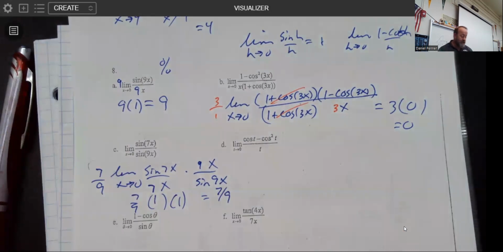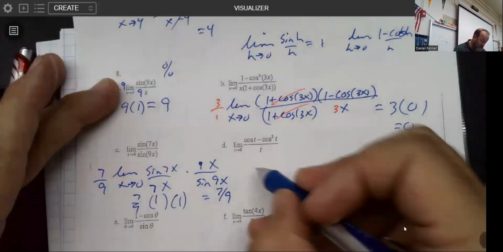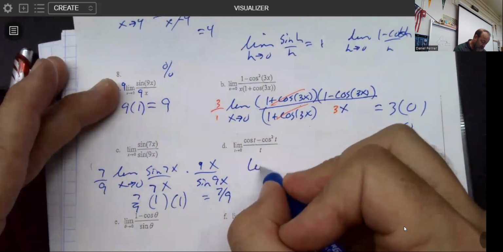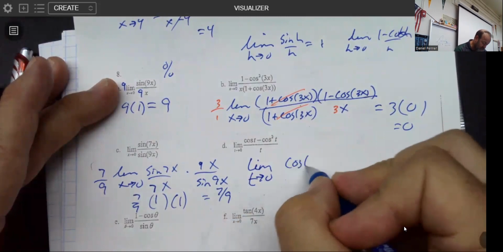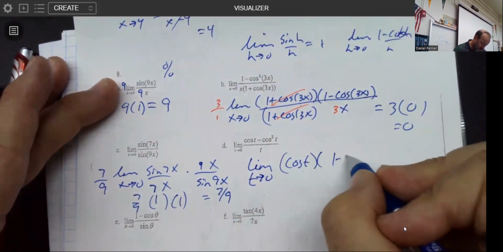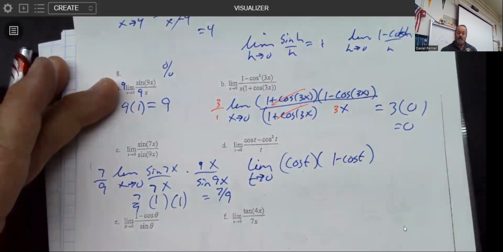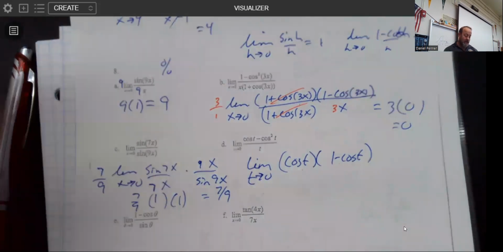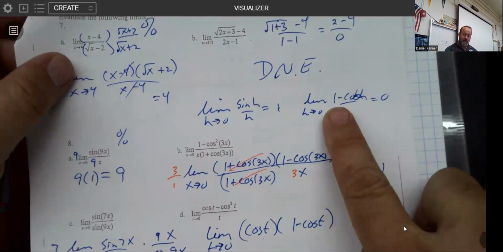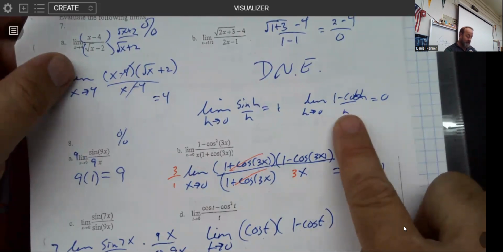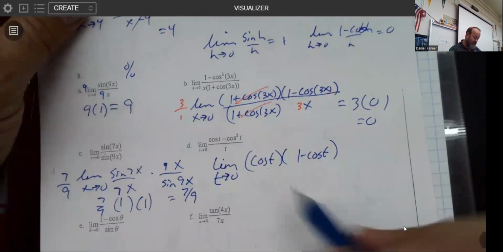Okay, very similar to the prior question, I'm going to factor out a cosine. So I've got the limit. So if I factor out a cosine of t, I've got 1 minus cosine t. Now, this is obviously leading me towards this version over here. So if it's 1 minus cosine t, I'd really like to have a t in the denominator of this, and I have that.